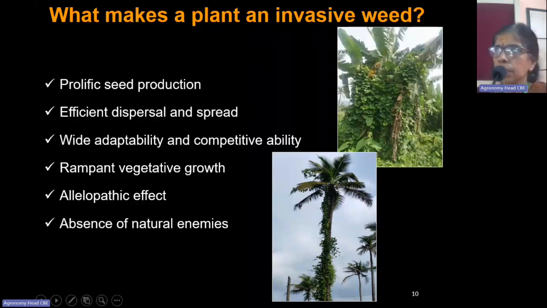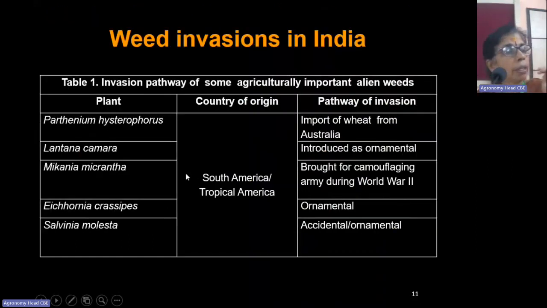We have some examples of successful classical biological control. You see how some weeds like Merremia vitifolia curtail the sunlight and the availability of other growth factors.